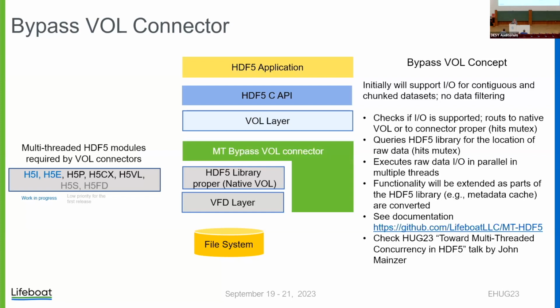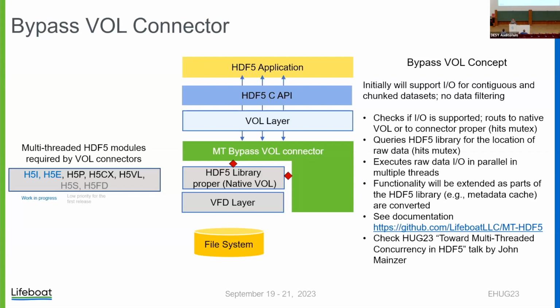In our case, the VOL connector will do the following. It checks if the operation is supported, because at the beginning we will not be supporting all I/O operations. It will route to the native library if it's not supported, or route further down through the connector, and the connector will pull out the location of the data, so those locks can be pushed to this level.